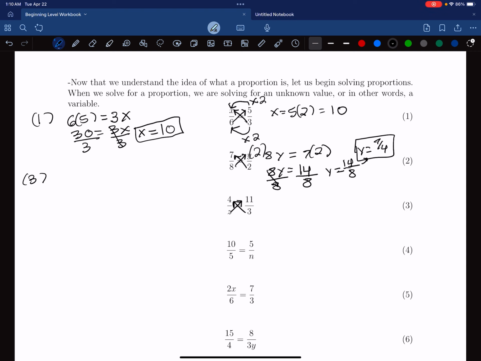But example 3, so we have z times 11, or 11z, and then we have 4 times 3. So we can rewrite this as 11z equals 12, and then to get z on its own, we're going to divide both sides by 11, and we get z equals 12 over 11.